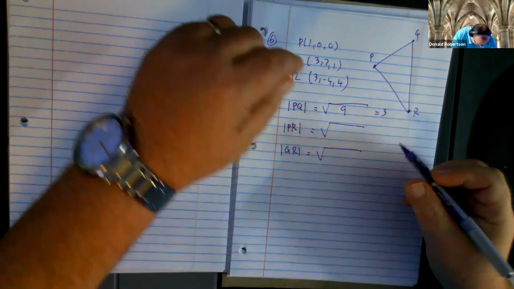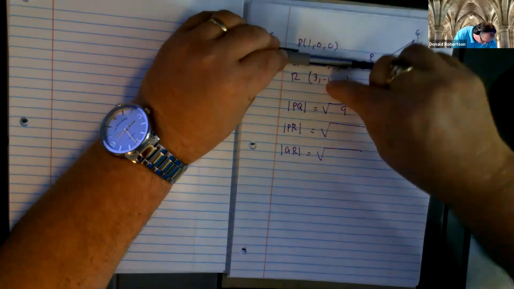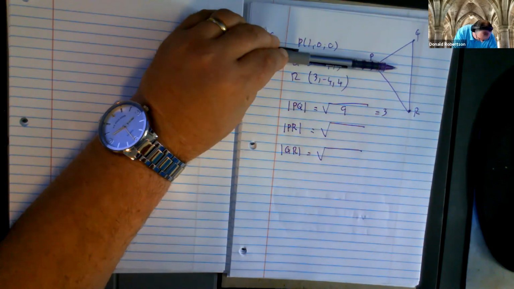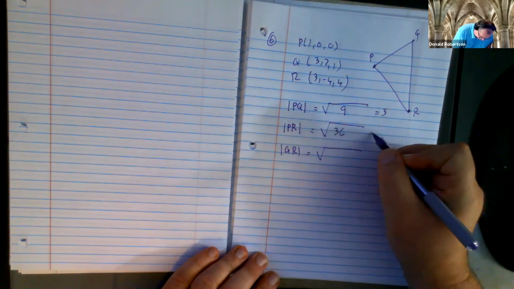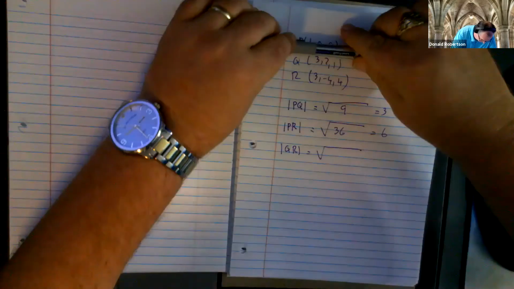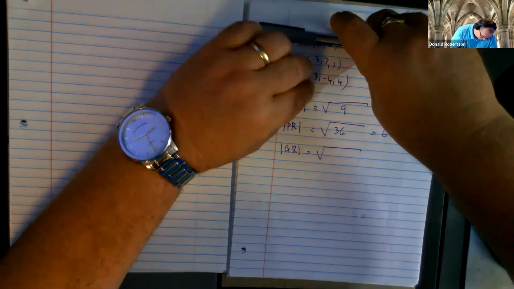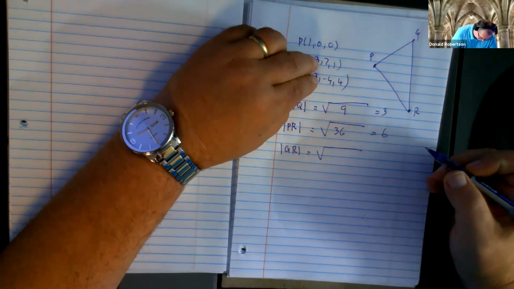If you do PR, it's 2 squared, 4 squared, and 4 squared. 4 squared is 16, 16, and 4, which is 36. And if you do QR, it's nothing, 6 squared and 3 squared. 6 squared is 36 and 3 squared is 9.